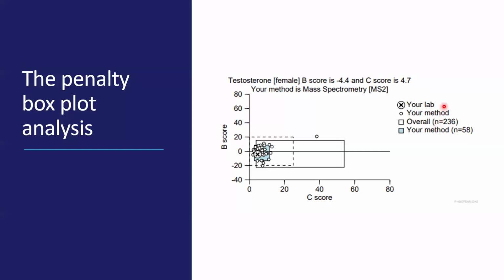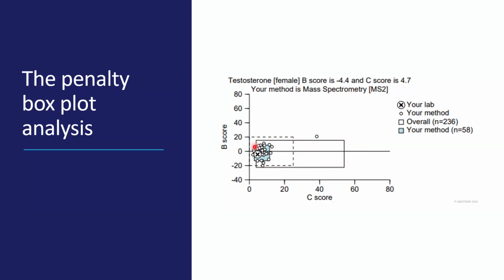So the penalty box plot is a plot of a B-score, which is shown on the y-axis, and C-score, which is shown on the x-axis. Again, the 5th and the 95th centile of B and C score for our method are contained in this shaded area, whilst the overall 5th and the 95th centile are contained within the white box, which in this case is quite wide.